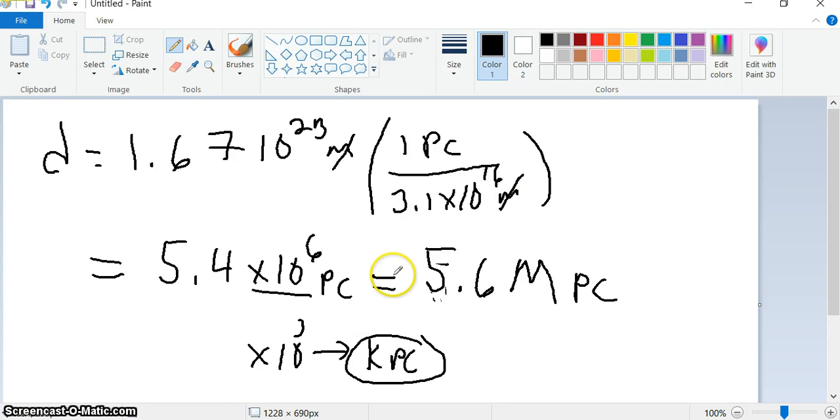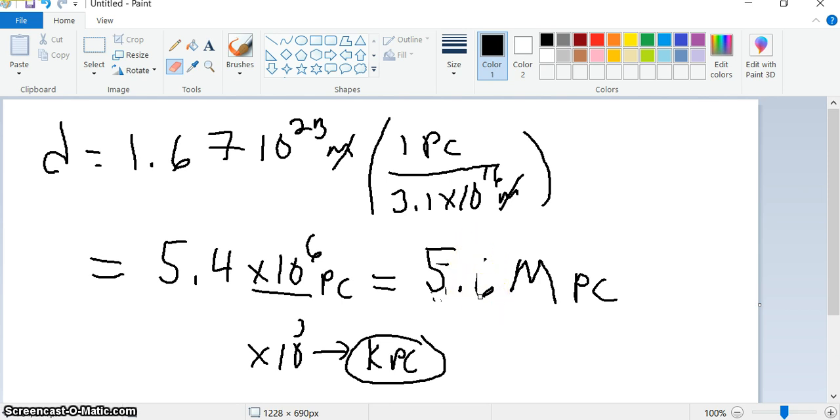All right, so let's pause this. I just noticed I may have made a mistake here. It's really 5.4, not 5.6. Let me erase this real quick.